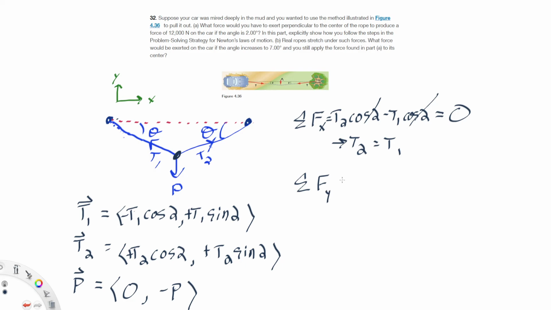And then we look at the y direction. We do have to play a bit of a game to think about whether this sum of forces should be 0 or not 0. If this force is enough to move the car, then the car will start to move. But if the car starts to move, our angle is going to change.